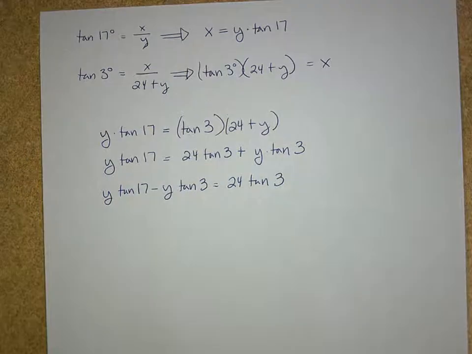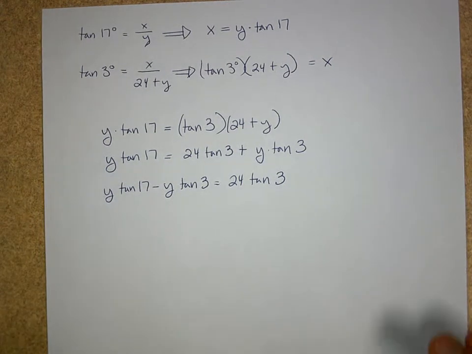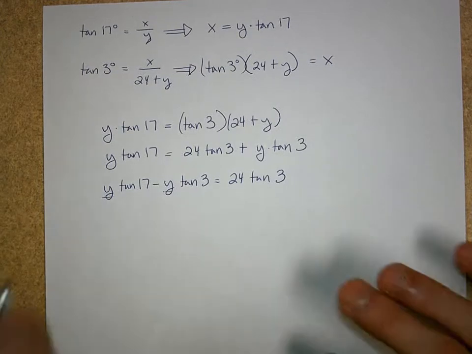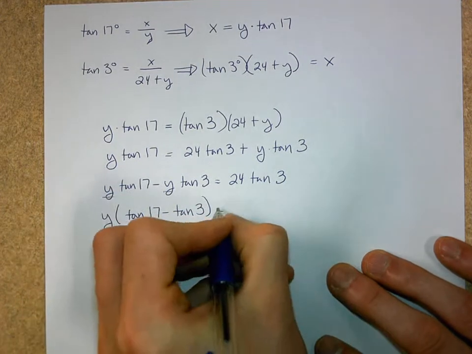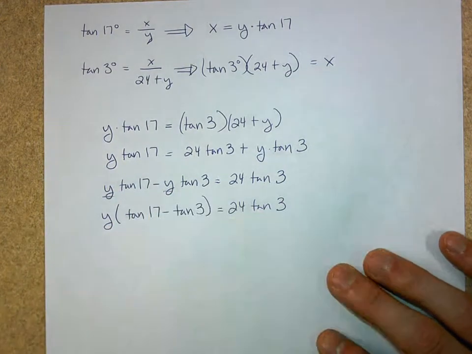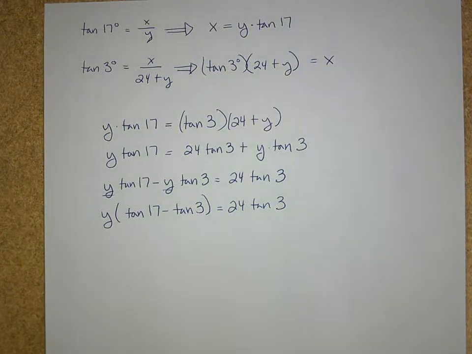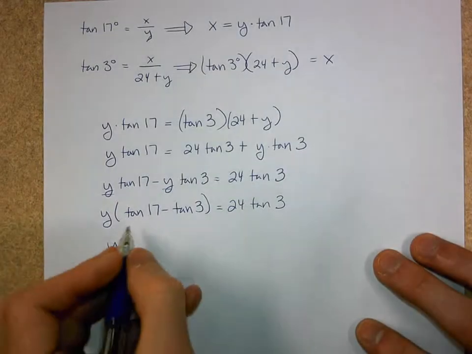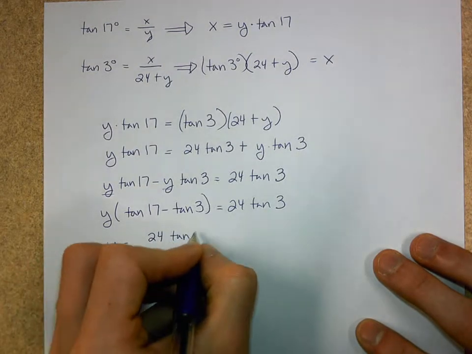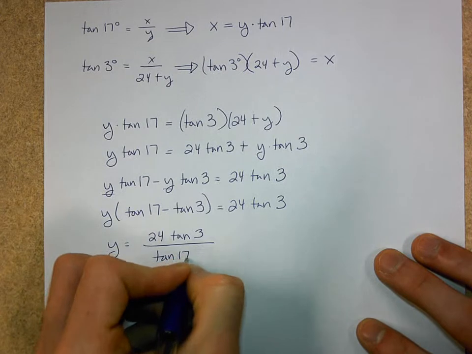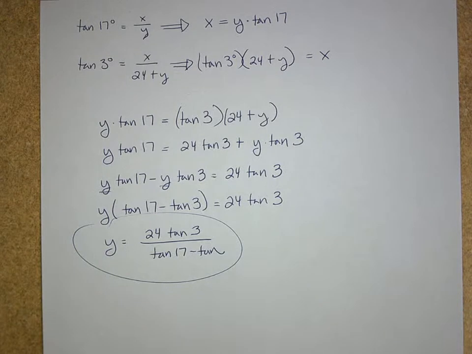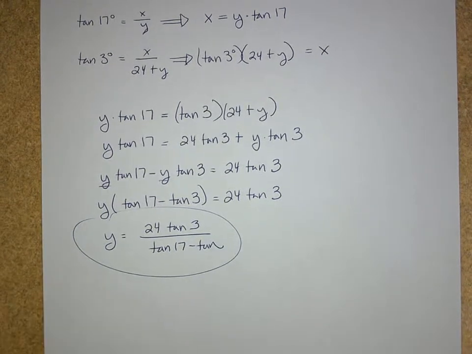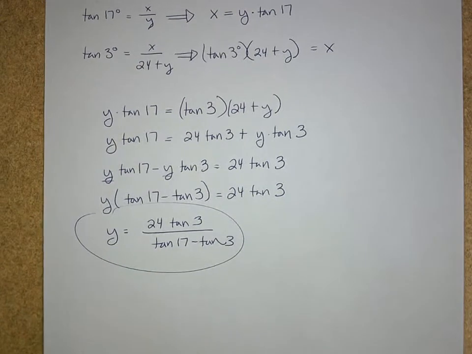And this is the situation that I showed you in the part where we solved the trig equations in the previous section. The fact that I've got both of these with the variable y, I can now factor that out and I've got tangent of 17 minus tangent of 3. Divide both sides by this quantity. So now I found y. y is equal to 24 times the tangent of 3 over the tangent of 17 minus the tangent of 3.